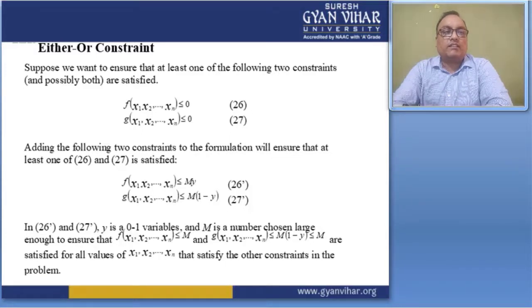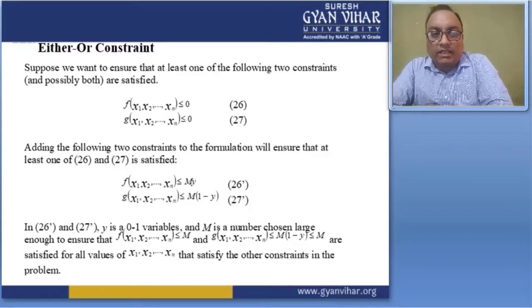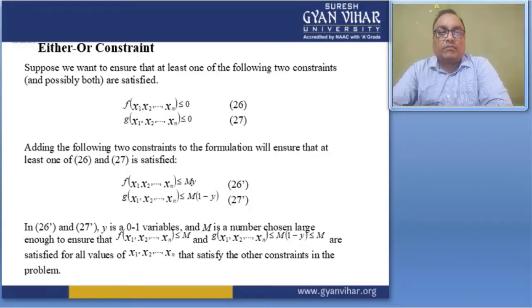So this is one kind of binary variable problem, and M is a number chosen large enough to ensure that f(x1, x2, ..., xn) less than or equal to M and g(x1, x2, ..., xn) less than or equal to M(1 minus y) are satisfied for all values of x1, x2, ..., xn that satisfy the other constraints in the problem.